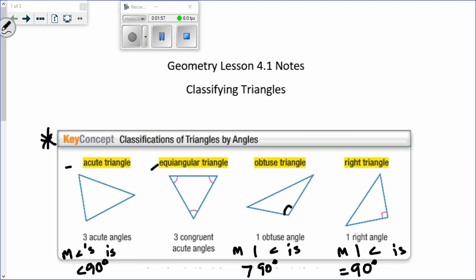So we have acute, where all 3 angles are less than 90. We have obtuse, where one angle is greater than 90. And we have right, where one angle is equal to 90. Of course, we have the equiangular, where all 3 angles are congruent, and all 3 are acute. Now let's continue here.